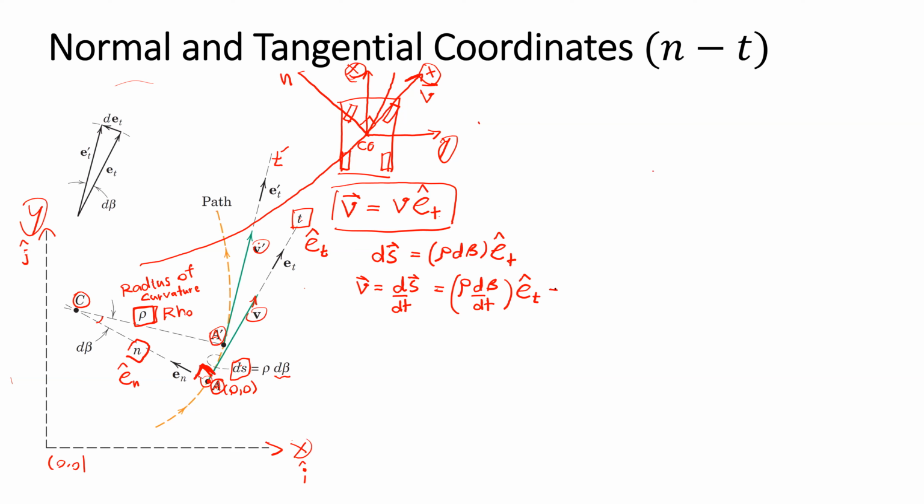Please note that in a very short period of time, we still ignore the change in the direction of the t. We still neglect the change in the direction of the t.